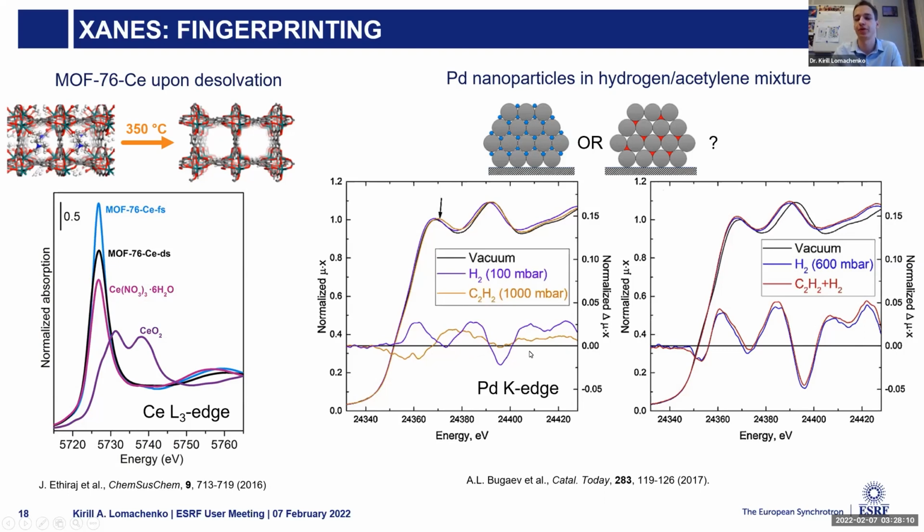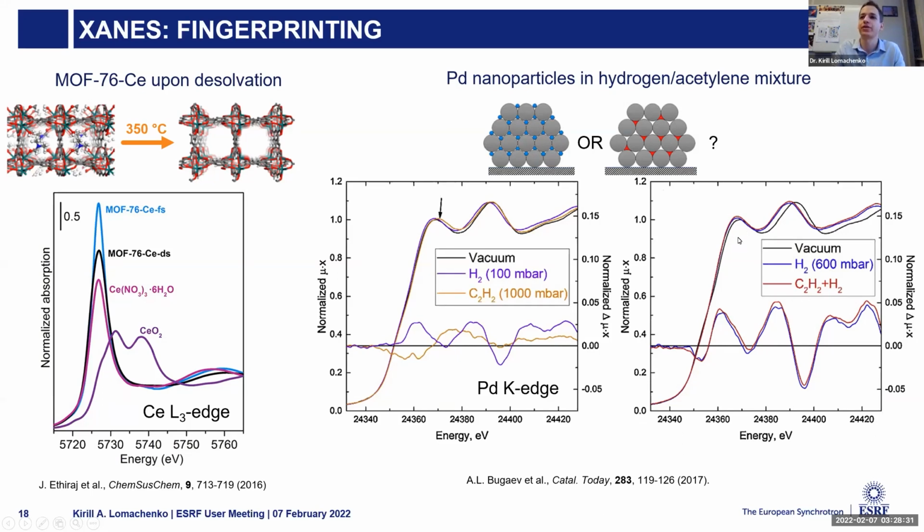So the difference is easier to see between the hydride and carbide. And then we measure a spectrum in a mixture of hydrogen and acetylene. Again, we make a difference spectrum with respect to the palladium in vacuum, so purely metallic palladium.